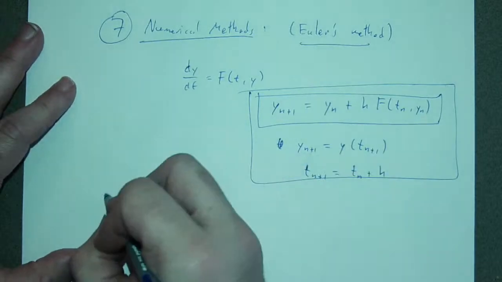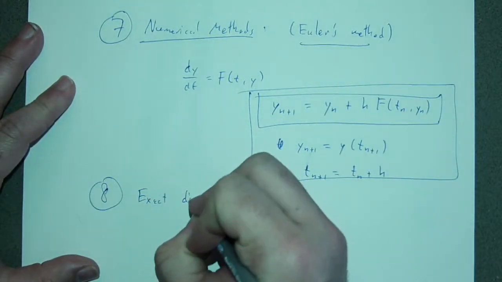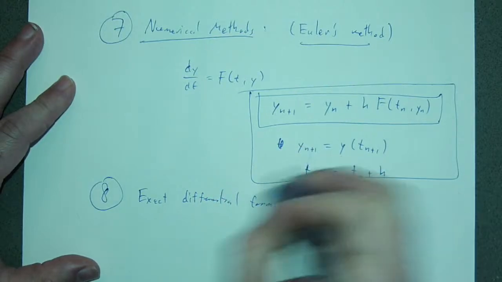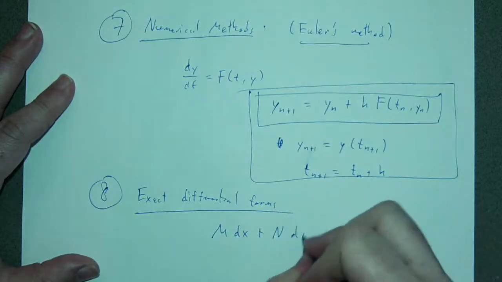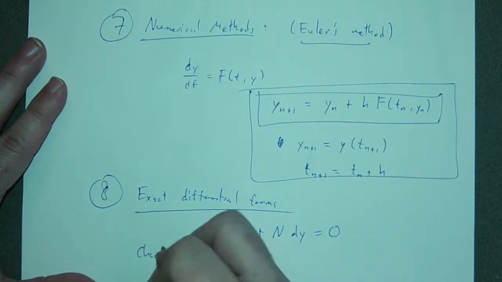Okay, and then lastly, exact differential forms. So you have these equations that look like this. As I've hopefully been beating into your heads over the last two lectures, the first thing you do is check exactness.